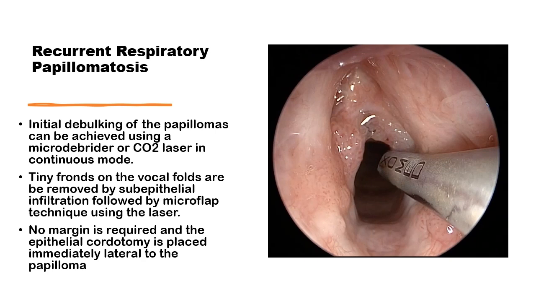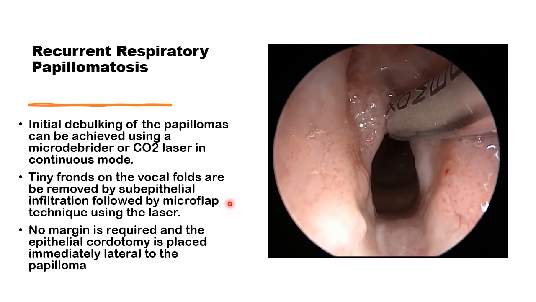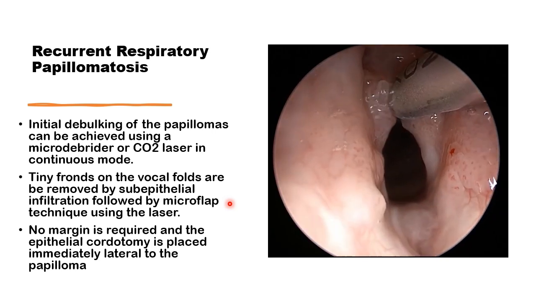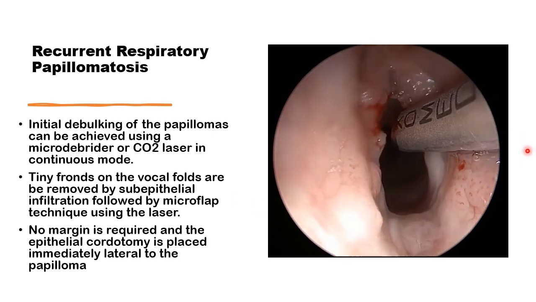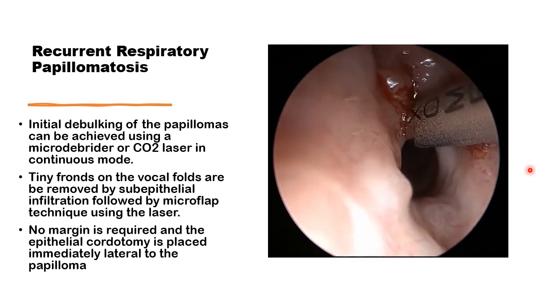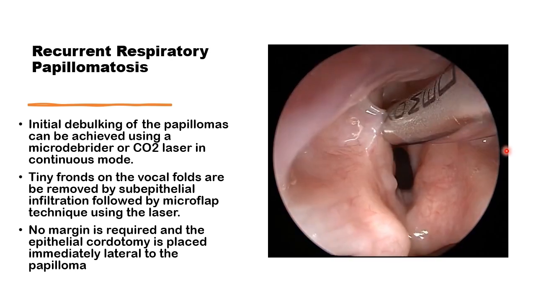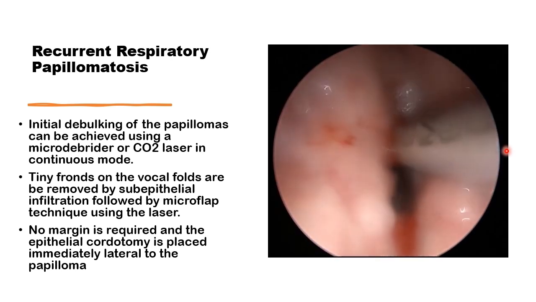The initial stage of the surgery would be a debulking of the papilloma. Sometimes you can use a microdebrider to do this to avoid using too much laser energy in debulking that may cause collateral damage to very sensitive laryngeal structures.